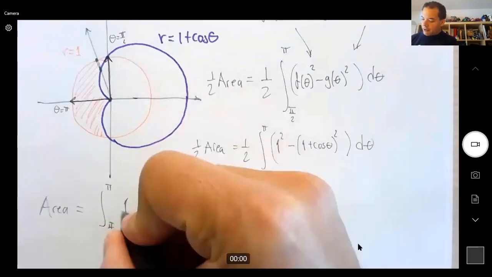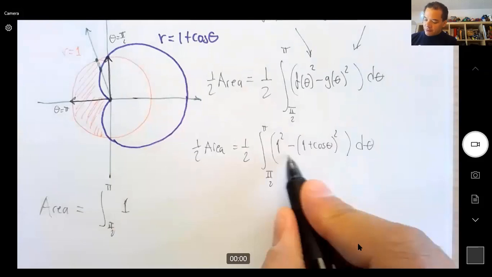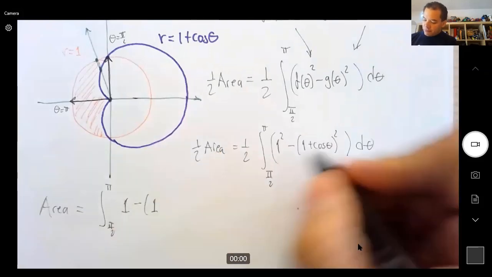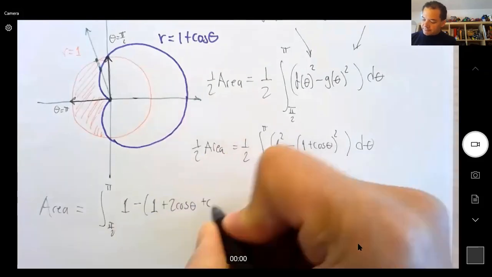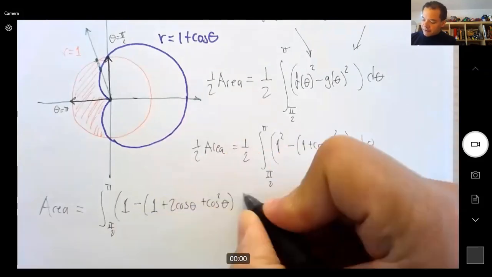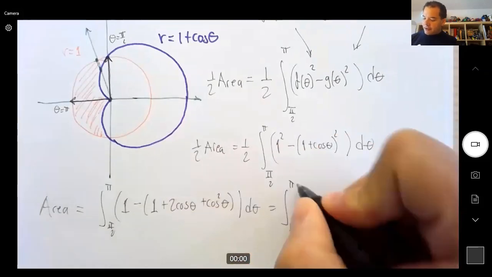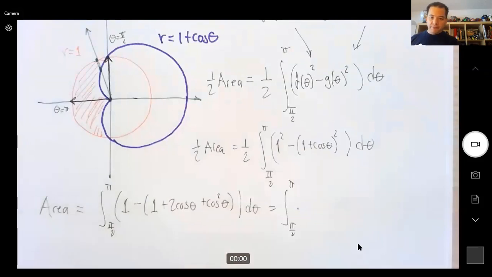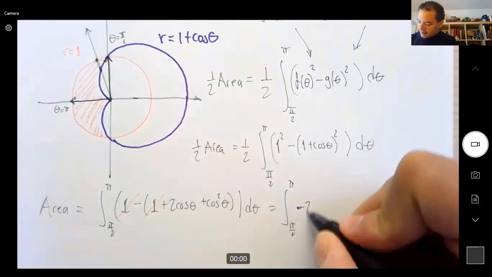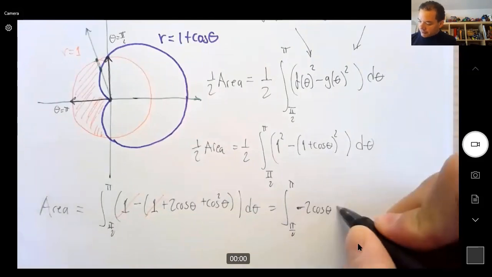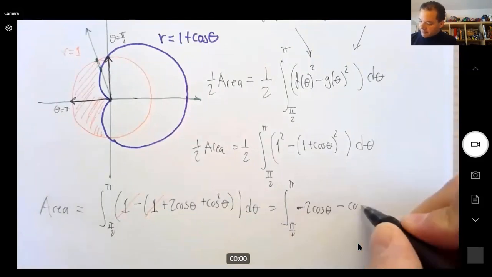So this is this one, and then minus (1 plus 2 cosine theta plus cosine squared theta) d theta. When we simplify, this 1 and this -1 go away. So my new integral is -2 cosine theta, negative cosine squared theta, d theta.